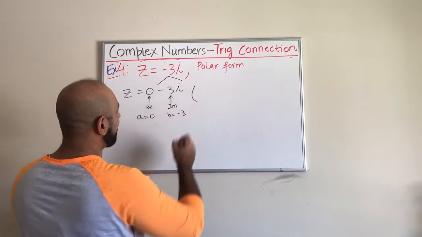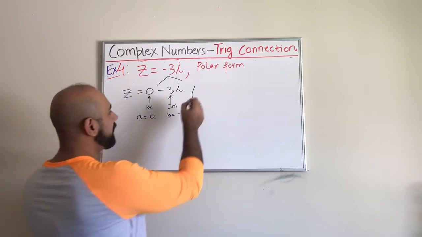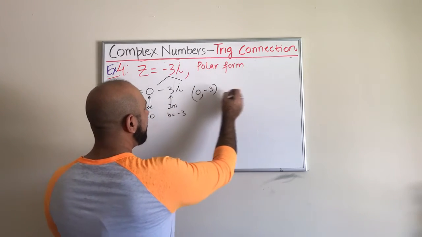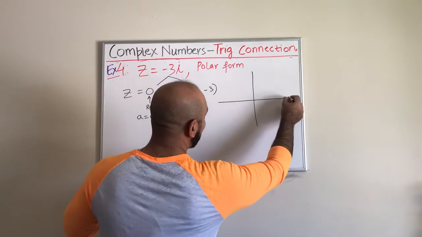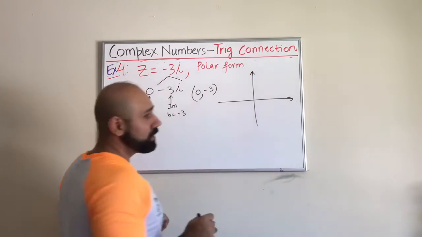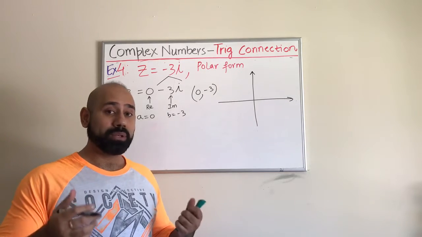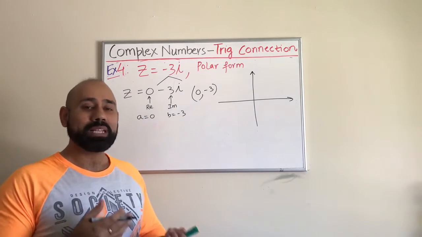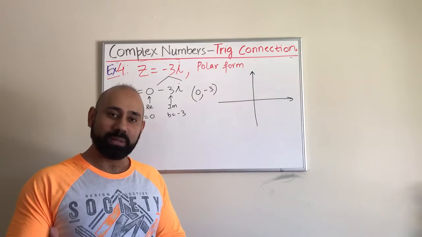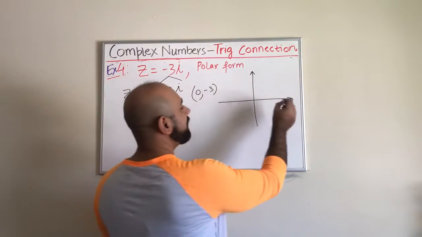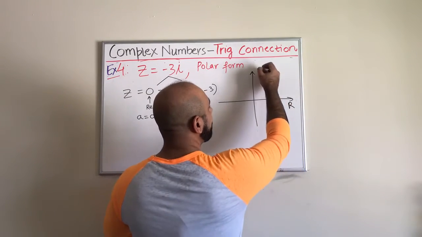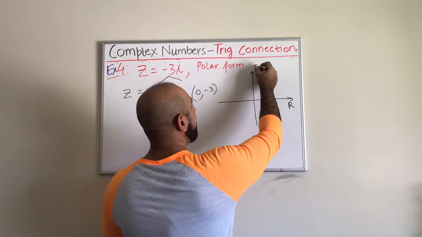We can look at this as a coordinate pair 0 comma negative 3. Let's go ahead and plot it in a complex plane. Guys, these are complex numbers. We're not going to just plot them on a real plane. We are going to plot them in a complex plane, which is somewhat similar to a real plane, except we call the horizontal axis the real axis and the vertical axis is thought of as the imaginary axis.